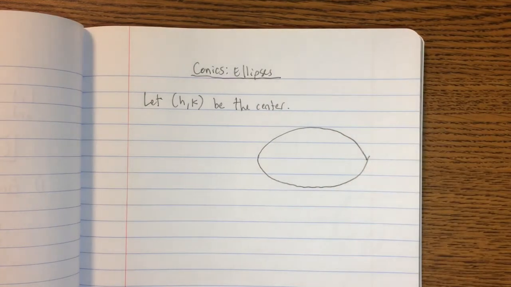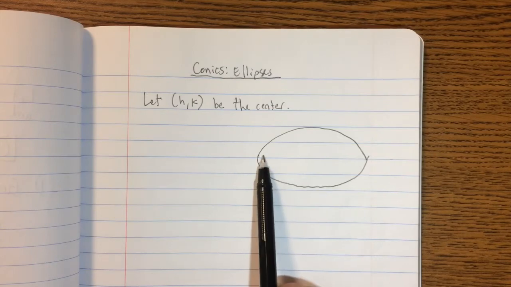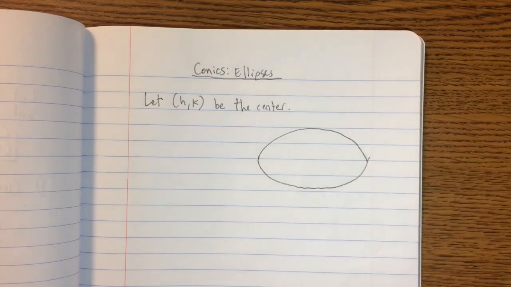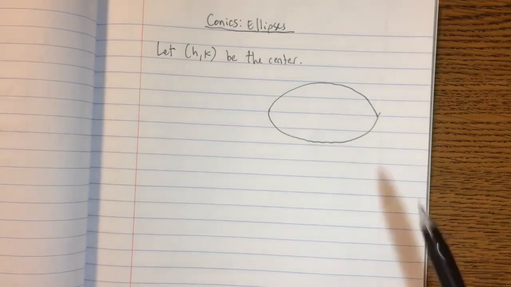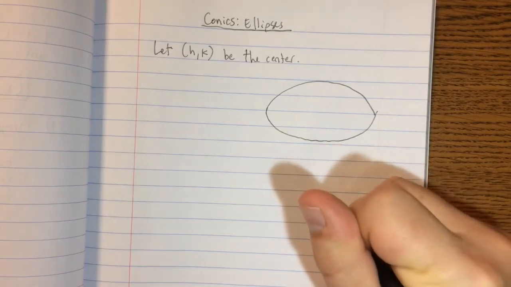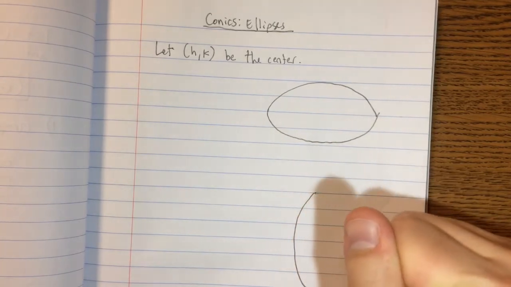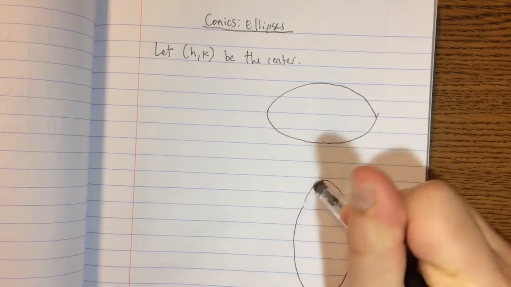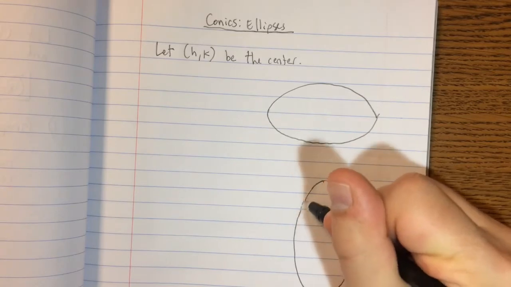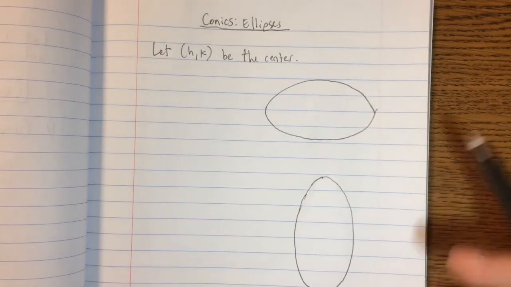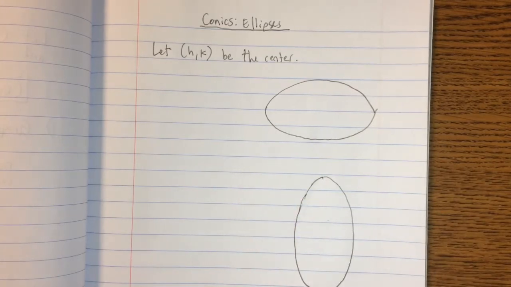So like the horizontal axis here would be larger than the vertical axis. Or you can have one that is sort of tall and narrow, oriented like this. So you've got the short and fat or the tall and skinny.